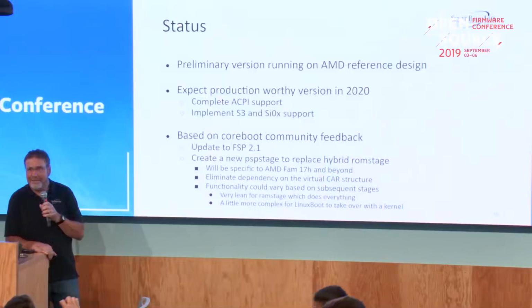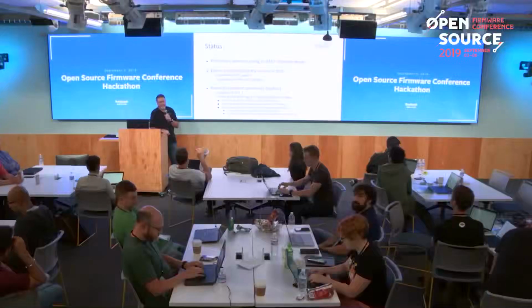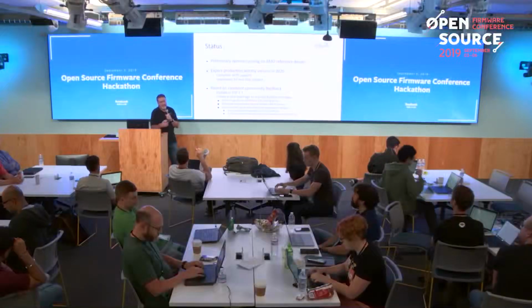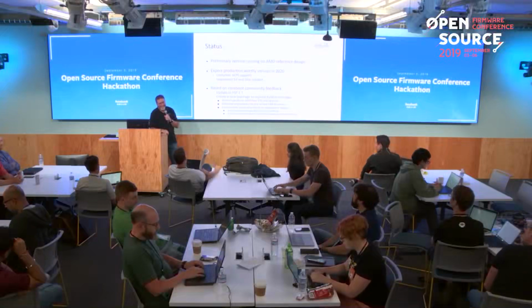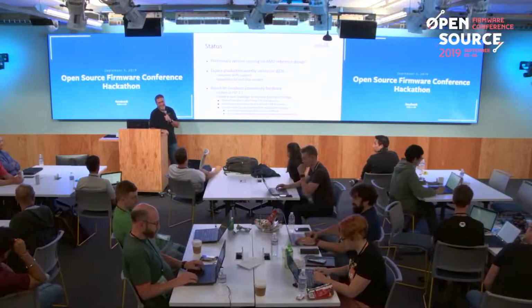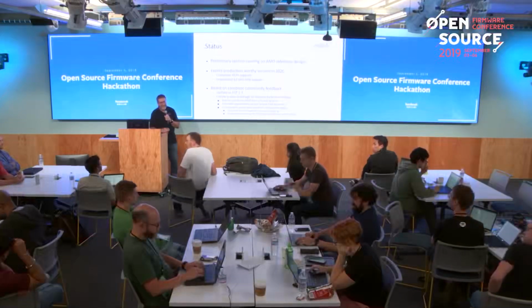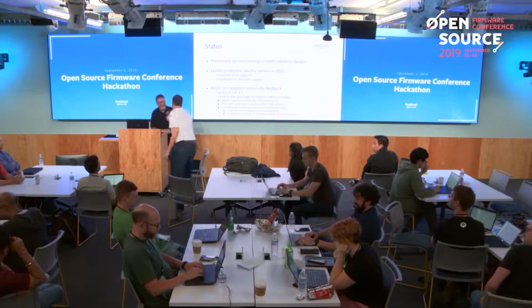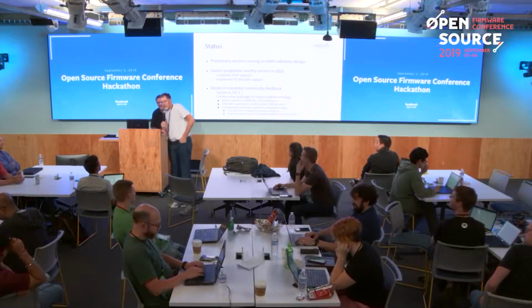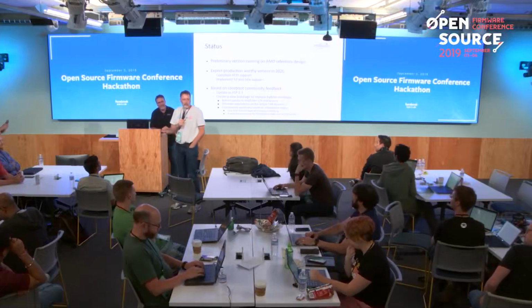Anybody else? No? Oh, I'm remembering something that I think I can tell this story because all the people who worked at AMD at the time are gone. So I'm remembering a funny story.